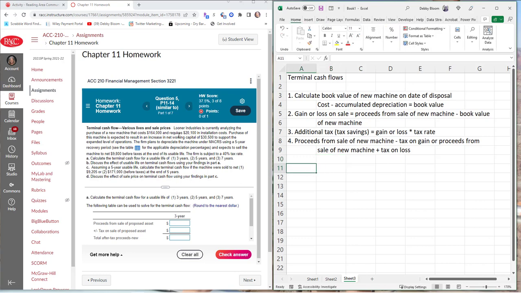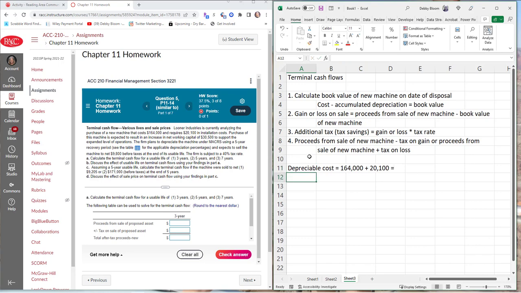We're told in this problem, Lunar Industries is currently analyzing the purchase of a new machine that costs $164,000 and requires $20,100 in installation costs. So for the depreciable cost of the new machine, we're going to take the $164,000, and we're also going to depreciate the installation costs of $20,100.